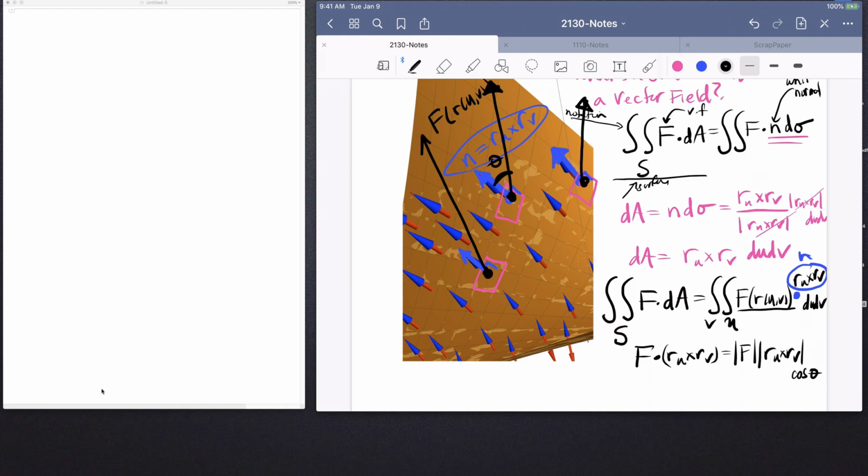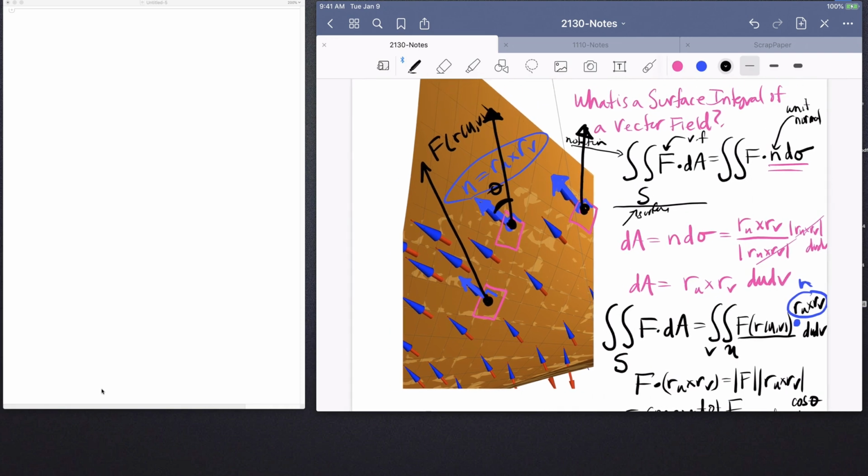Okay, and when we do that dot product, we find the component of the vector field F that points in the direction of the surface. When we're looking at these vector fields, only part of the vector field is pointing in the same direction as the surface. There is another part of the vector field that is pointing parallel to the surface.